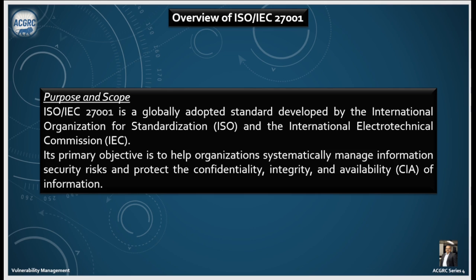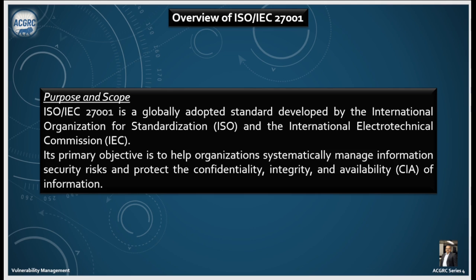Its primary objective is to help organizations systematically manage information security risk and protect the confidentiality, integrity, and availability, otherwise known as CIA, of information. In simple language, the purpose of 27001 is to help organizations protect their information, whether it is stored digitally, on paper, or even spoken.